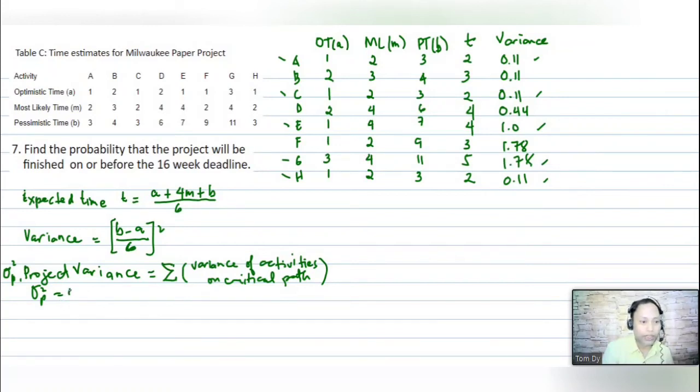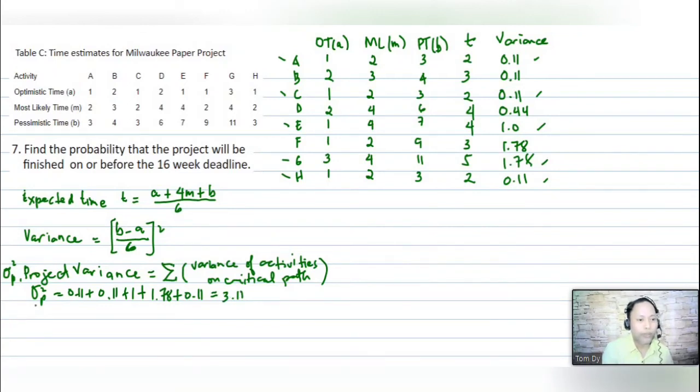You have 0.11 plus 0.11, plus 1, plus 1.78, plus 0.11. So all in all, that is equivalent to 3.11.